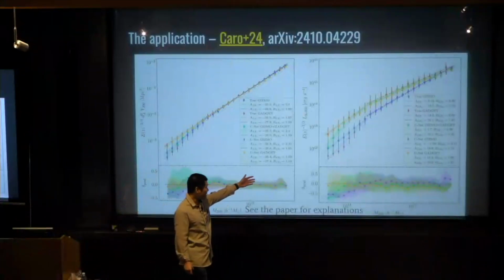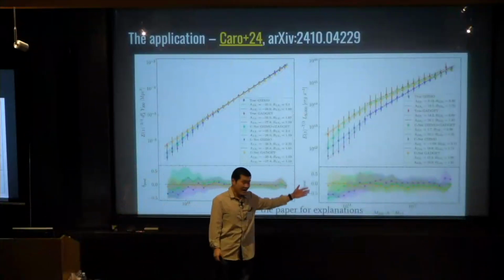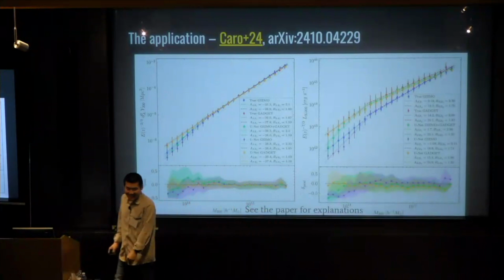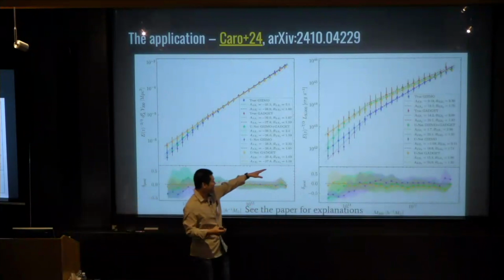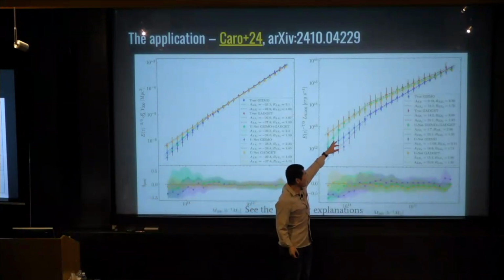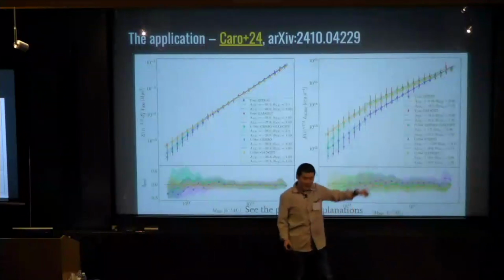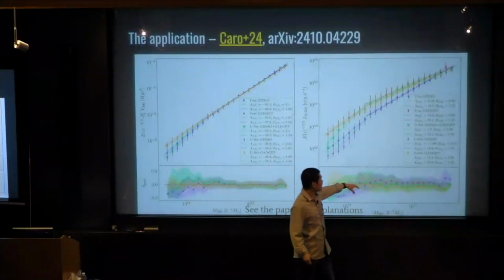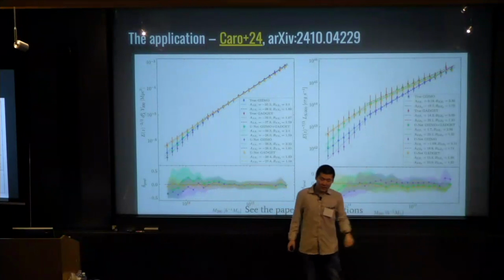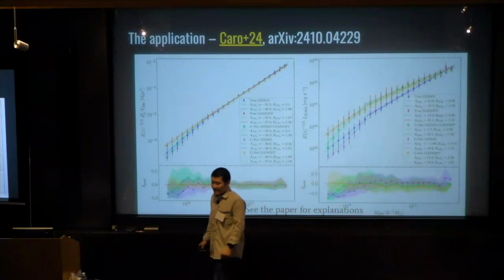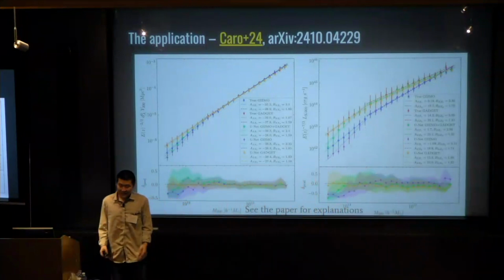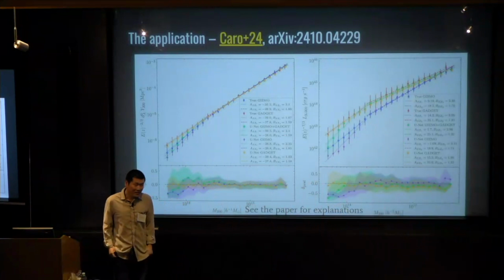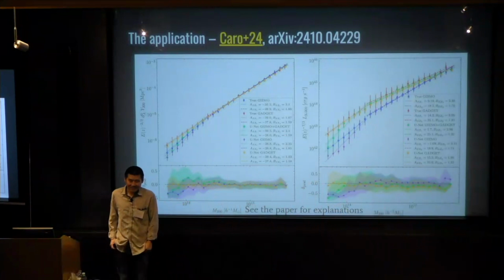But the thing is that the combined version has some preference. It's not something lying in between. Here it's more or less lying in between, but if you go to the real predicting power, this is more low mass halos, and the real predicting power is in the cluster mass, right? But it's preferring some of the simulations. So that is the weird thing we found.